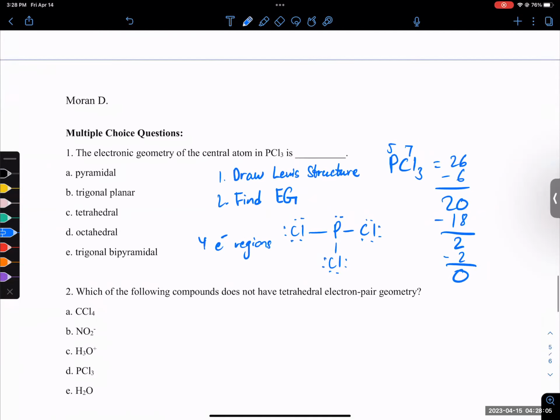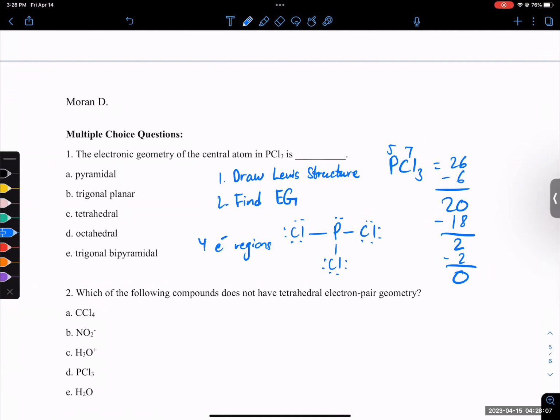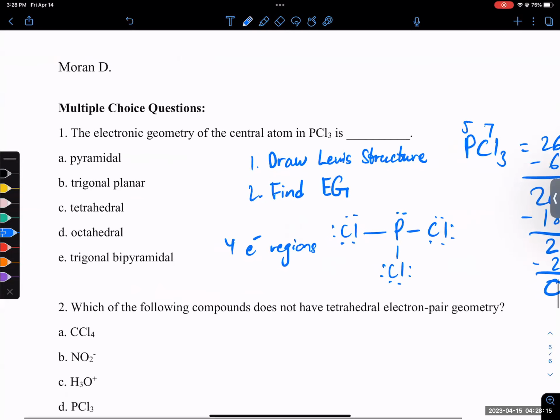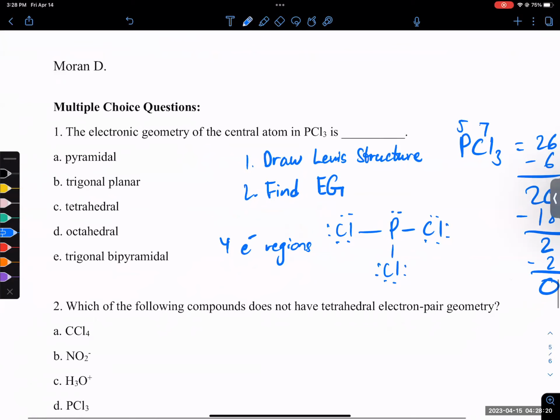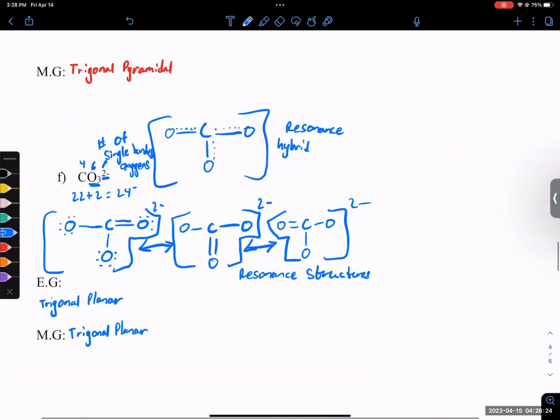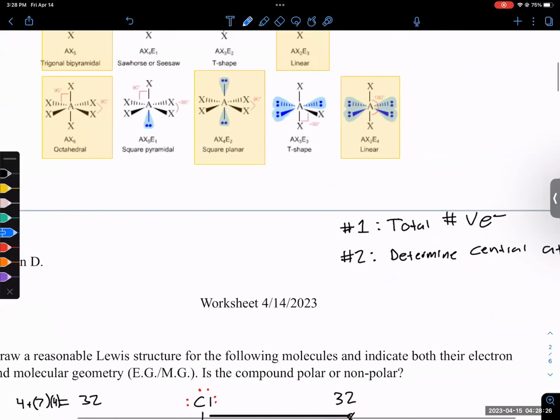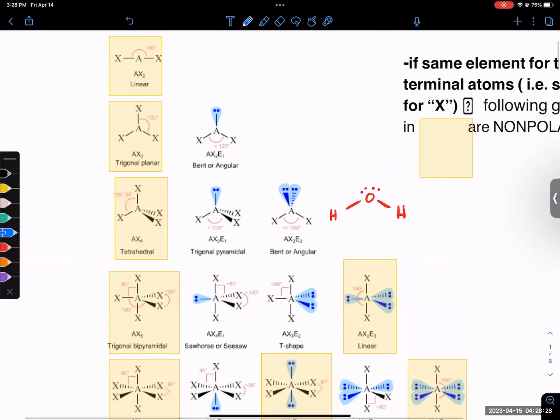So now that being said, what is our electron geometry if there's 4 electron regions? Think about which of these words mean 4. Tetrahedral, option C. And we'll confirm it with a picture. Yeah, four things around it.